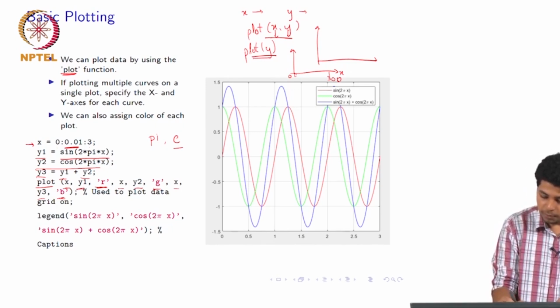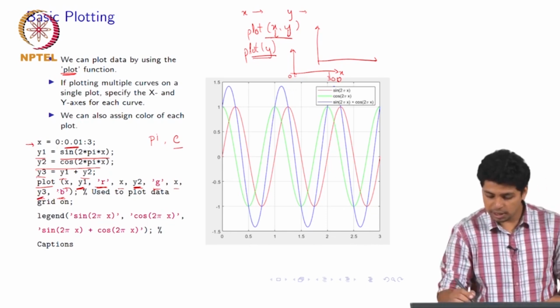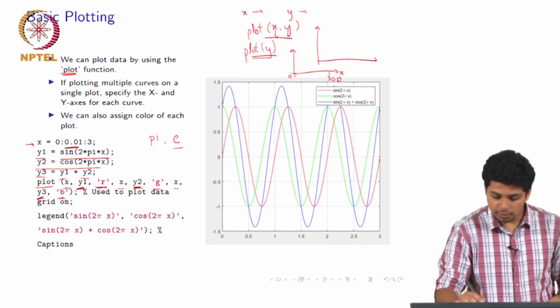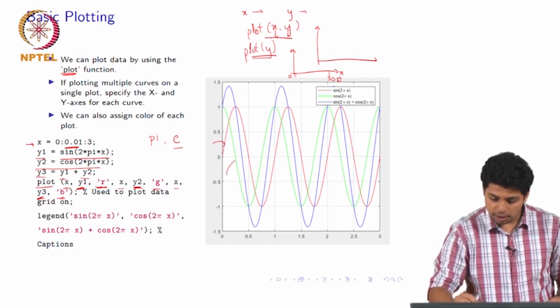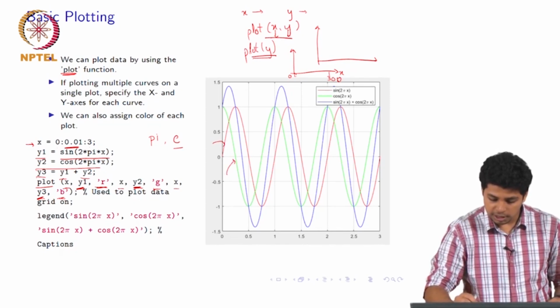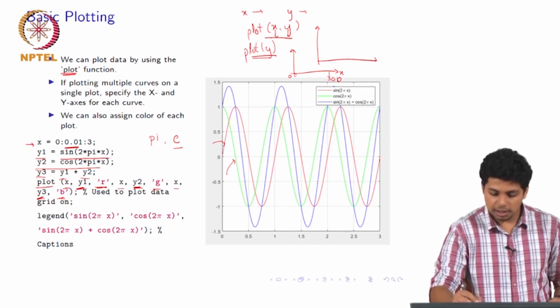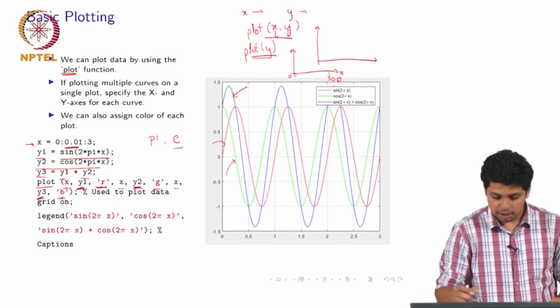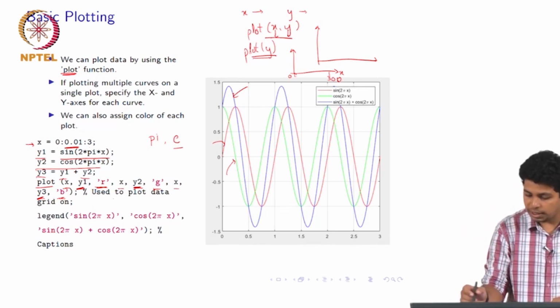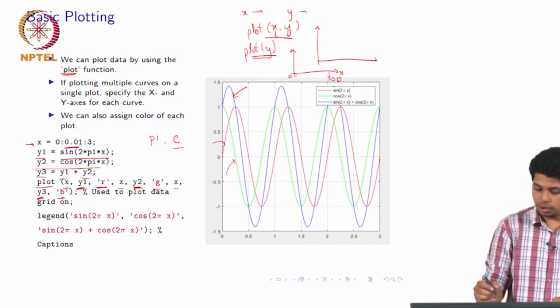For x comma y1, I have put the color red, for x comma y2 the color green, and for x comma y3 the color blue. As you can see here, the first one is a sine wave displayed in red, the second is a cos wave displayed in green, and their sum is displayed in blue. So you can plot different data using different colors.